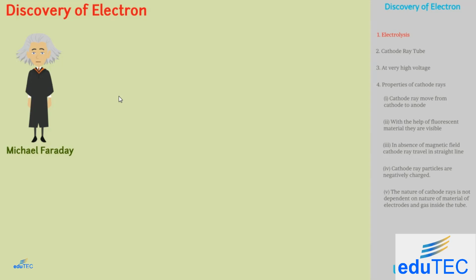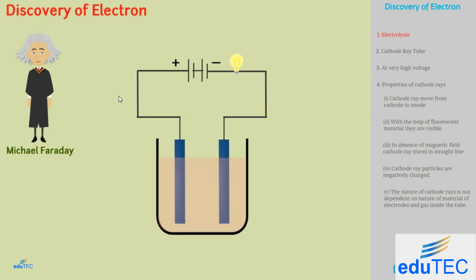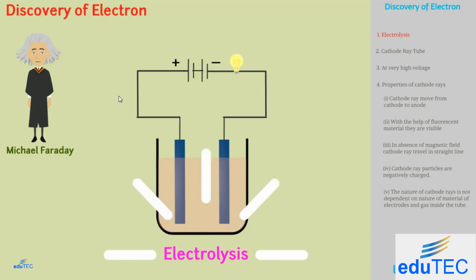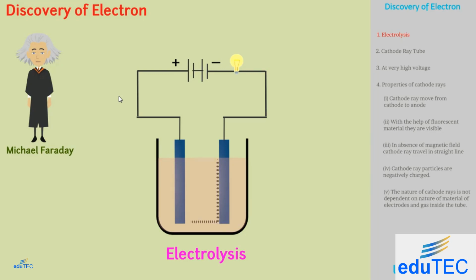In 1830, Michael Faraday showed that electric current can be passed through solutions containing ions. This is called electrolysis. During electrolysis, matter from one electrode accumulates over the other electrode.